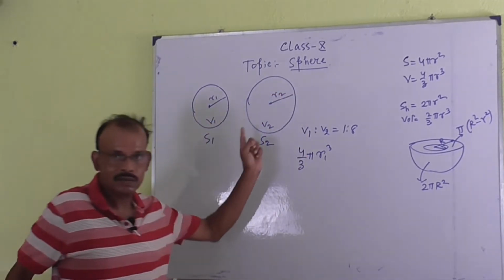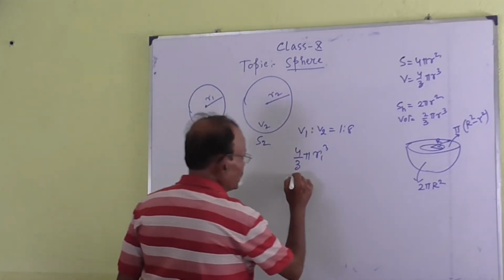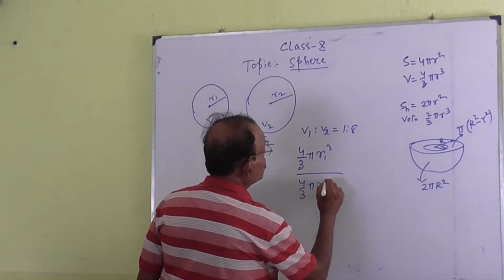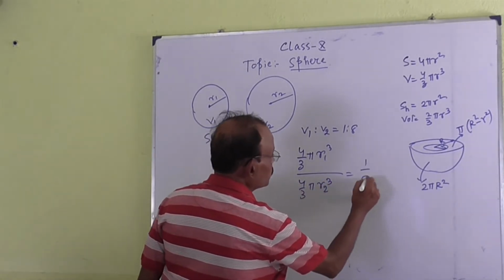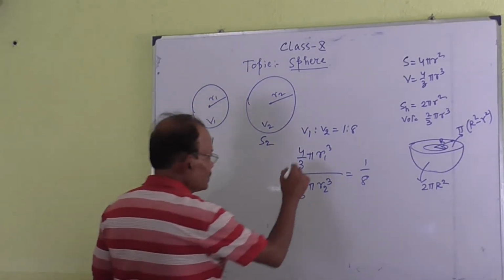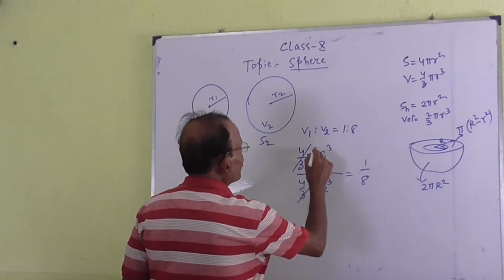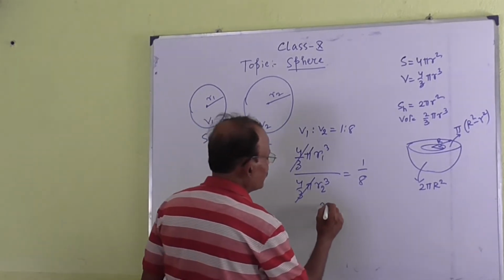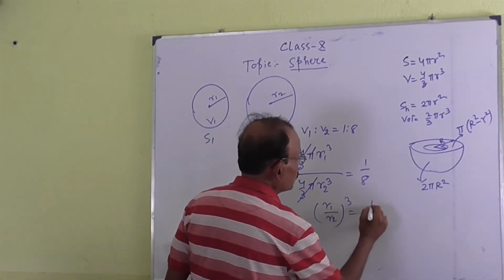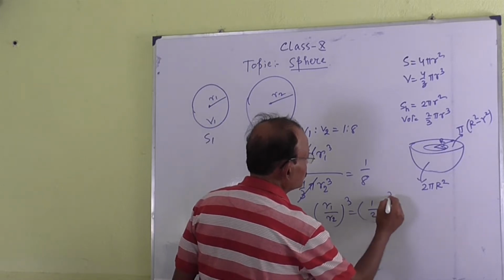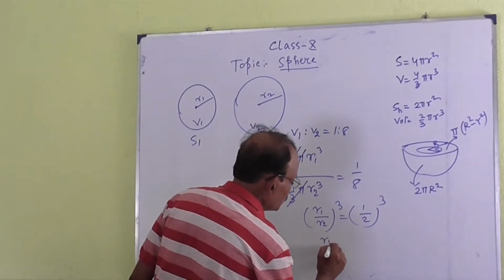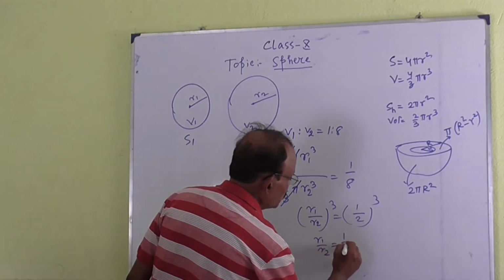Now, 4 by 3 pi r1 cube by 4 by 3 pi r2 cube equal to 1 is to 8. Now, we cancel 4 by 3 pi and 4 by 3 pi. Clear? So, we have r1 by r2 whole cube equal to 1 by 2 whole cube. So, we have r1 by r2 equal to 1 by 2.